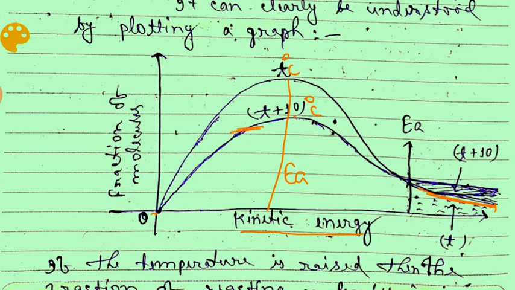So two areas will be clearly seen here. This area indicates the fraction of molecules or reactions at T degree Celsius, and this area indicates reactions at T plus 10 degree Celsius. So no problem in it. This graph clearly indicates if temperature is raised, rate of reaction will double.